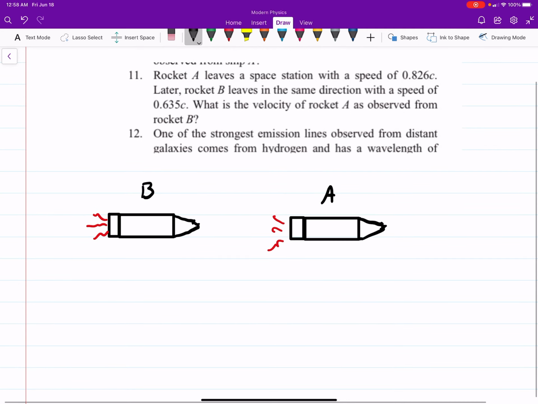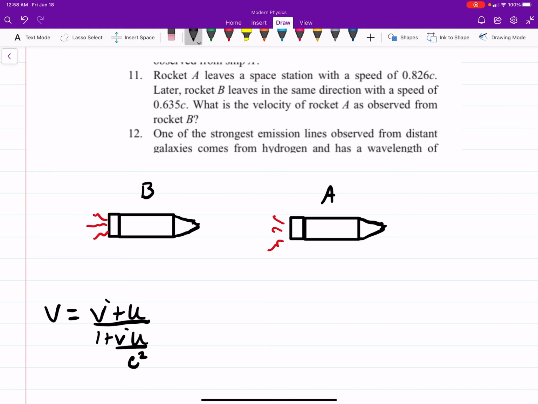So obviously velocity addition, I'm going to use this equation, just like before. So what do we know?